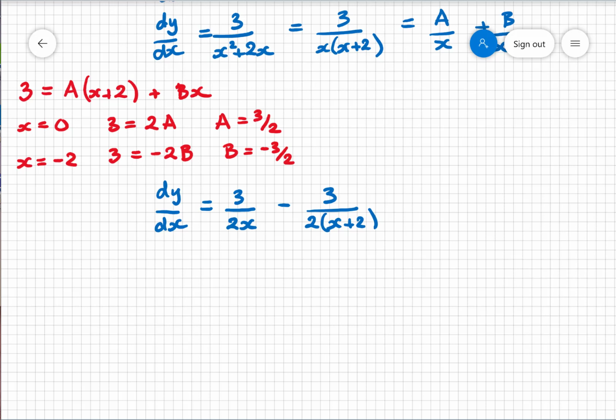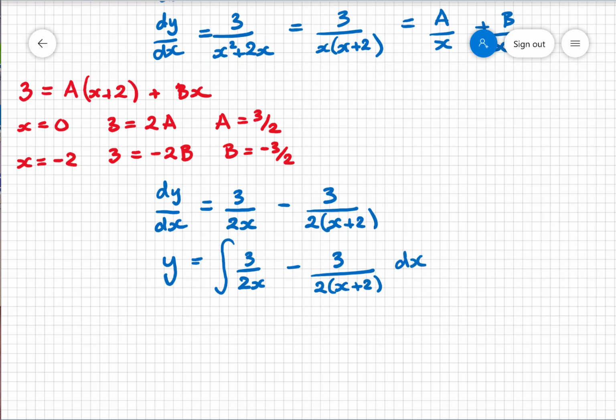And that's what we do next. We're going to integrate throughout to give us y is equal to the integral of 3 over 2x minus 3 over 2 brackets x plus 2 dx.